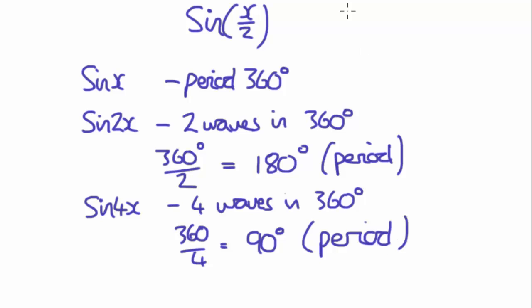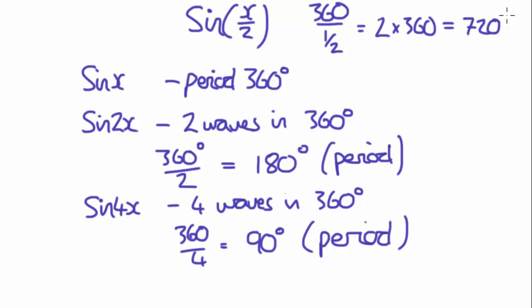Now if we went back to that one, what you would actually have is you would essentially say 360 divided by a half, and that actually means 2 times 360. That equals 720, and what that means is the period of this graph is actually 720.